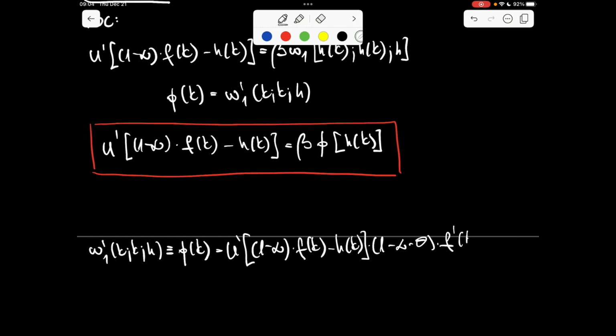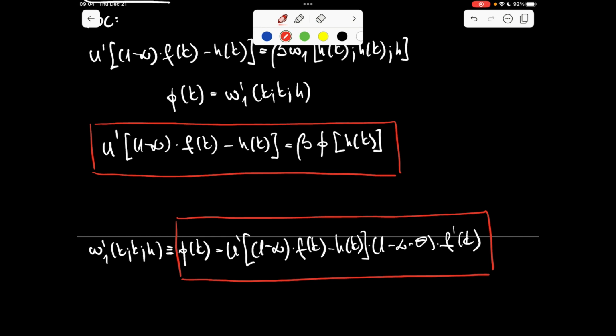And at this point, I'm also highlighting this equation, because this is the second key equation on the basis of which we are going to try to find an appropriate pseudo economy.